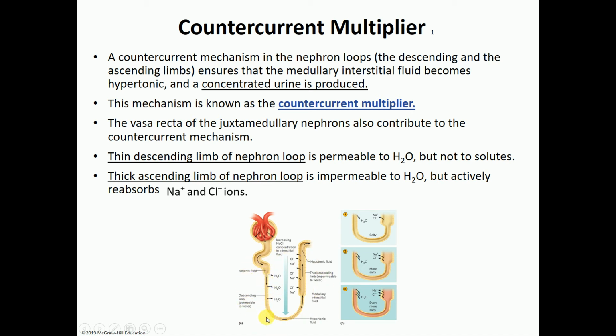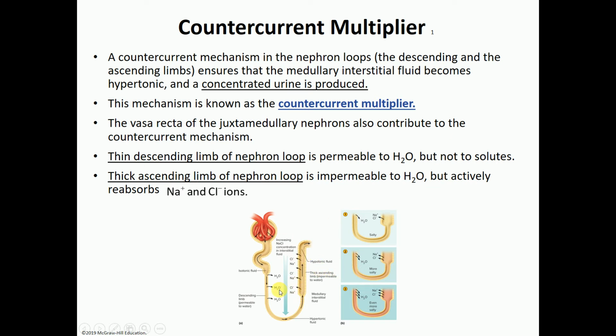The descending limb is only permeable to water, but it does not allow for the passage of salts, while the ascending limb is impermeable to water, meaning it does not allow the passage of water, but it does allow the passage of salts like sodium and chloride.